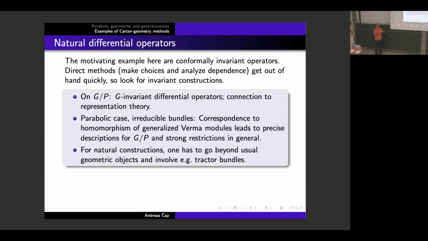Okay, so if you think, for example, about tractor bundles, I was saying, okay, take a representation of the group G and restrict it to P. You can equivalently say start from a Lie algebra g, P module. Things work out in exactly the same way. So the group G is not a problem at all.